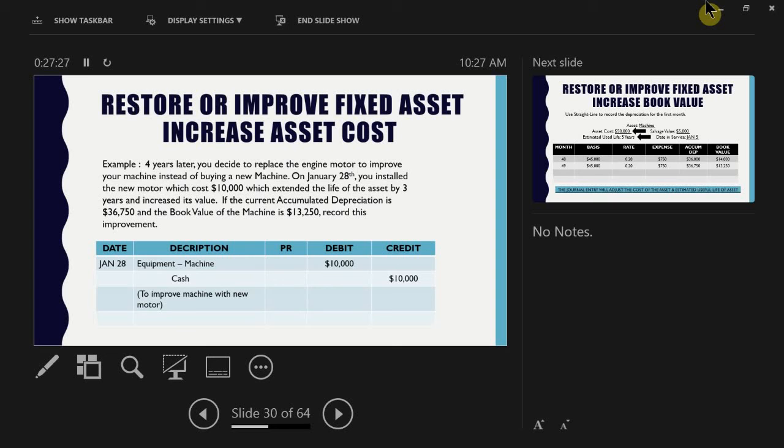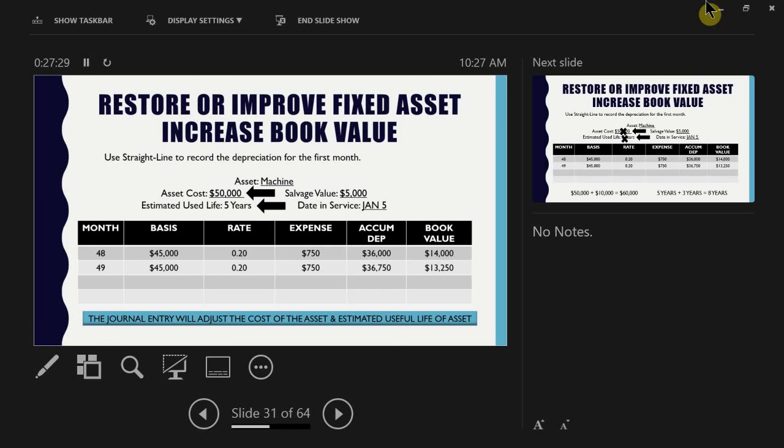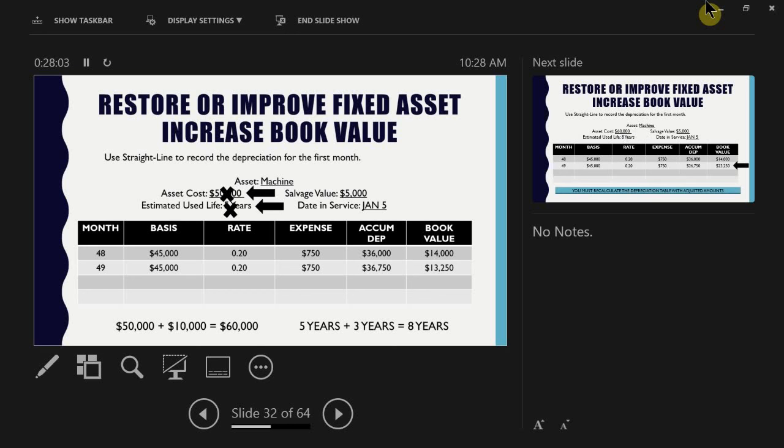Okay? Now, what does this do? This actually complicates things just a little more, because in this case, right, when I'm looking at my depreciation table, I've already measured and calculated my depreciation at 50,000 instead of what it is now. So what you're going to do is you're going to actually end up replacing these numbers and having to redo the whole entire depreciation table once again. So in this case, instead of 50,000, if I'm going to increase it with my journal, right?